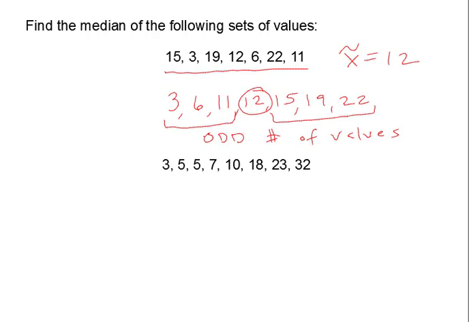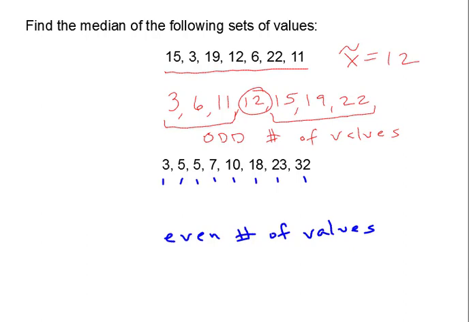Now notice the second set of data values, which starts with 3 and ends with 32. It is already arranged in number order for me, which saves a little time. But notice there's an even number of values. I've got 1, 2, 3, 4, 5, 6, 7, 8 values here. When you have an even number of values, the median may be, but is not necessarily, one of the values.